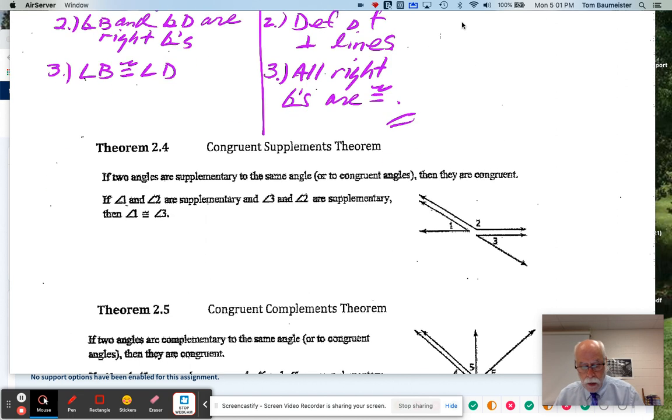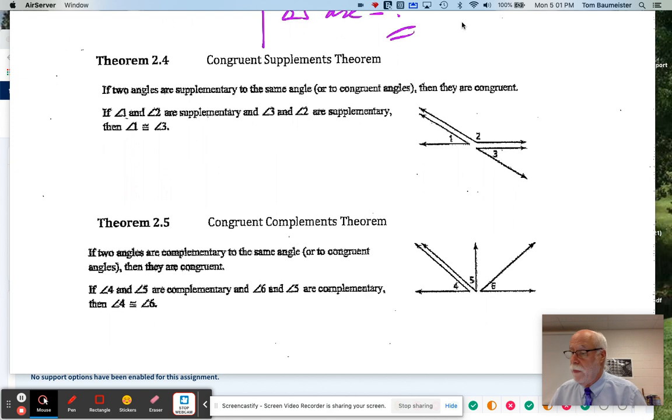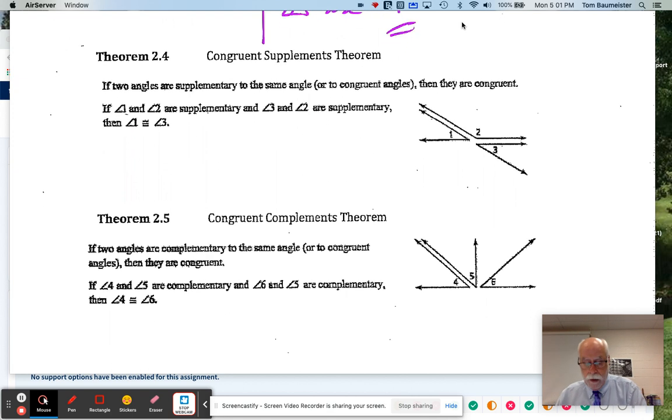All right, so we have a couple more theorems here, and then we're going to prove them. And hopefully this will be a quick one for you. If two angles are supplementary to the same angle or to congruent angles, then they are congruent. On this one here, we're saying that angle 1 and angle 2 are supplementary. We're not putting them together, but we know that if they're supplementary, they equal 180 degrees.